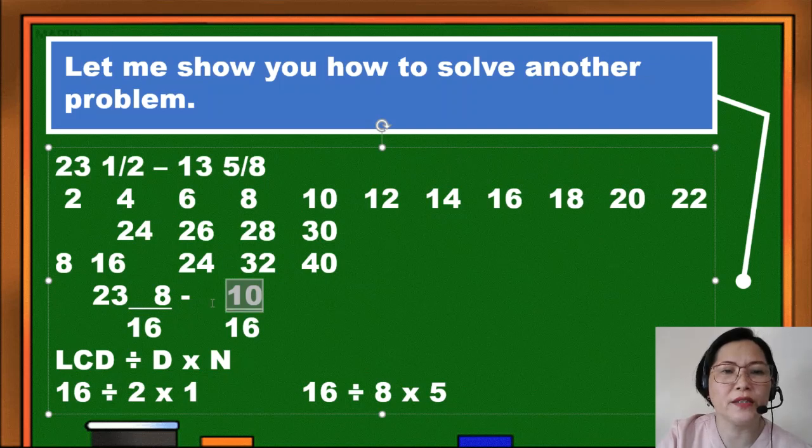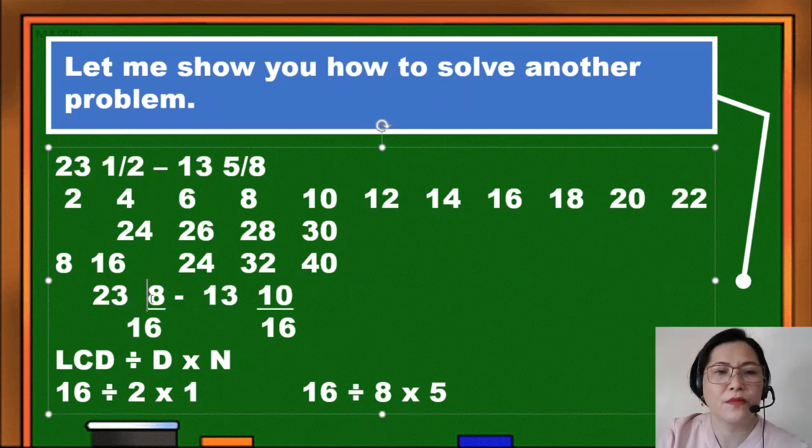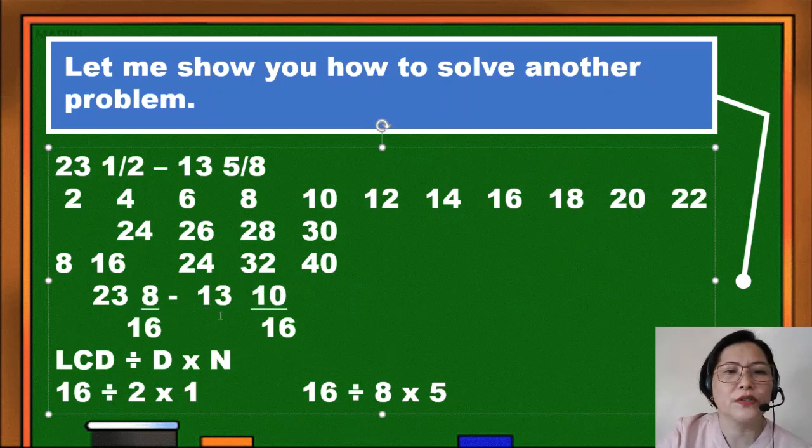So again, don't forget the whole number, which is 13. So write it here. So that will be 23 and 8/16 minus 13 and 10/16.